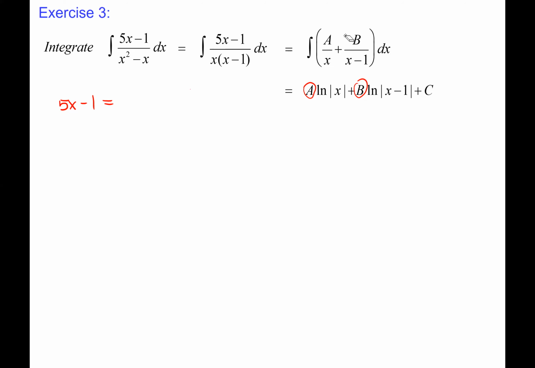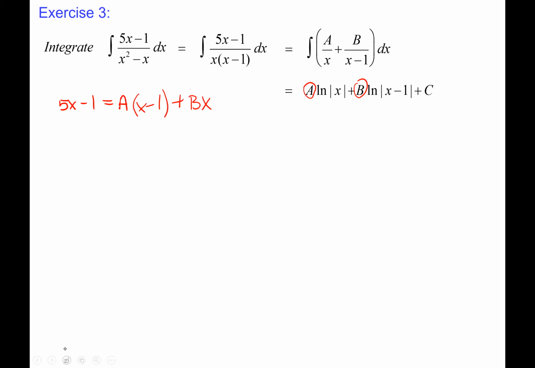If I combine these two fractions, my numerator with numbers A and B will look like this: A, I have to multiply by x minus 1, and then B, I have to multiply by x. That's my numerator. You probably noticed I skipped the denominators; I just have to focus on this.